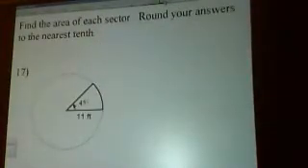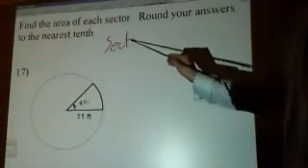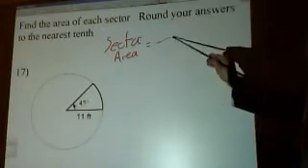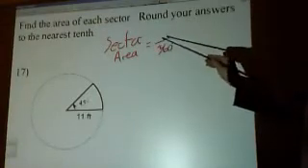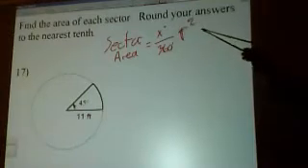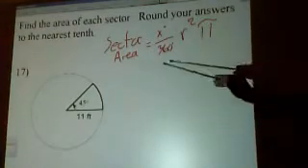Let's go. So, next problem. We're going to put our sector area. We got 360 over x, and then we got r squared times pi. I'm going to fix that r, that's a little illegible.